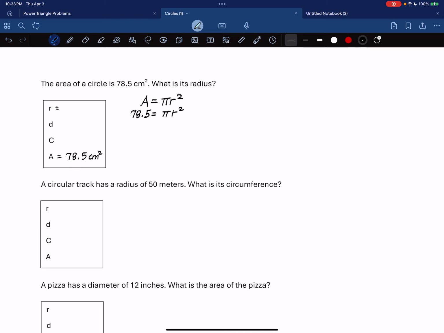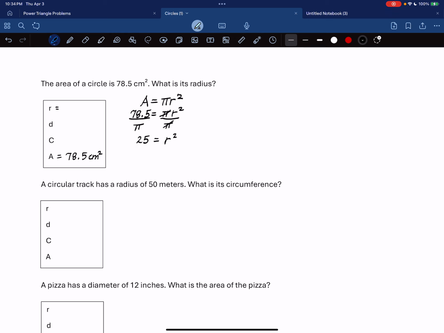So here I'm going to divide both sides by pi, and that will take it away from that r. So I'm left with r squared equals 78.5 divided by pi. So 78.5 divided by 3.14 is 25.